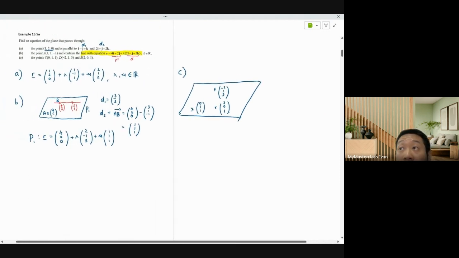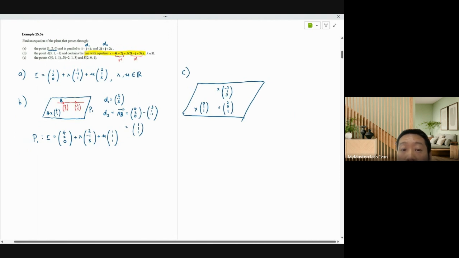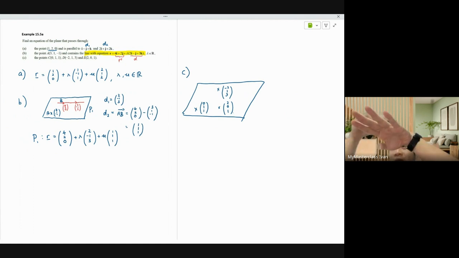The plane passes through the point, which means the point is always on the plane. If it passes through the point, then the point is there. You know what I mean?